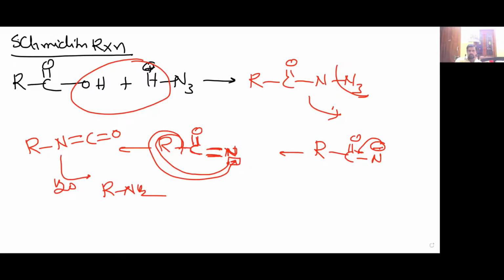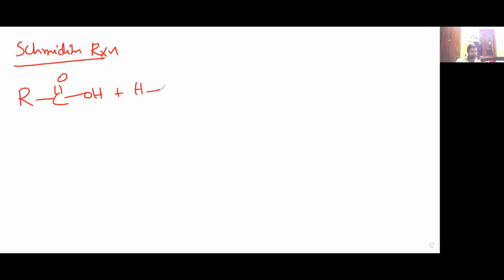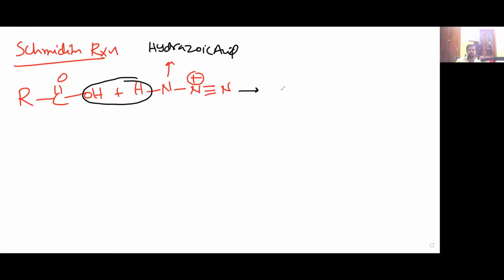So I'll tell the deep mechanism. Once again, I'll explain the deep mechanism. You just listen here. So what is this? RCOOH. This is treated with N3H. What is the name of this N3H? Hydrazoic acid. With this hydrazoic acid, what part is eliminated? Water is eliminated.